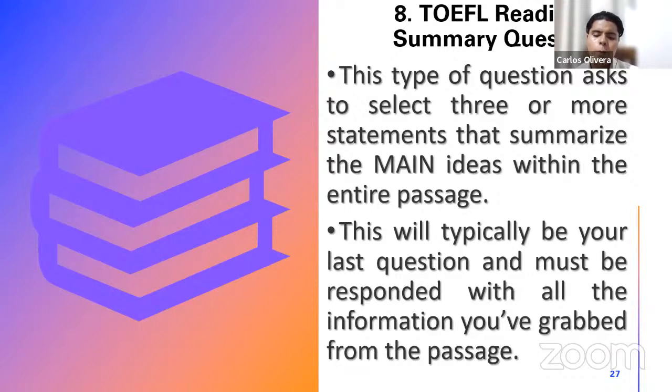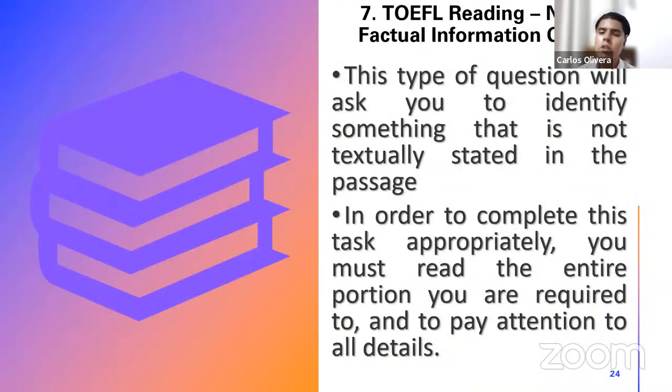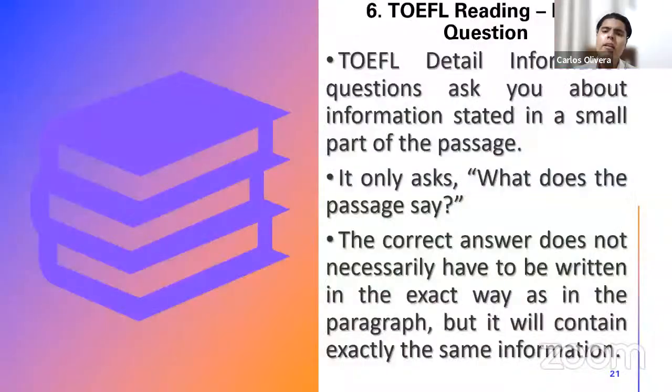Let us remember that I told you in the reading section we have 30 questions, 10 per passage. And I think here is a very good moment for us to approach a very interesting topic that we have not discussed. You have 30 questions to respond to, but how many of those questions are going to be, for example, this type of question, a factual information question, or per passage, how many detailed questions are you going to receive?